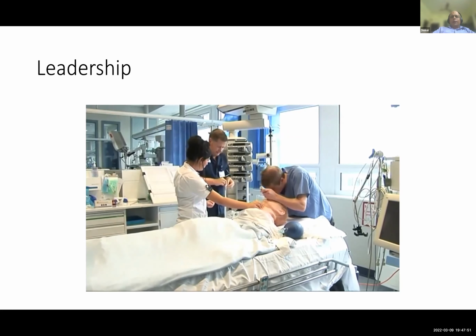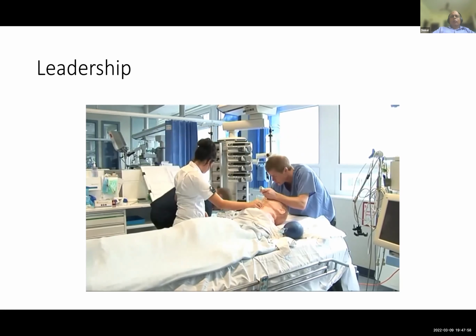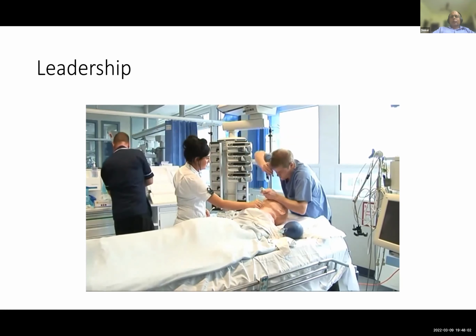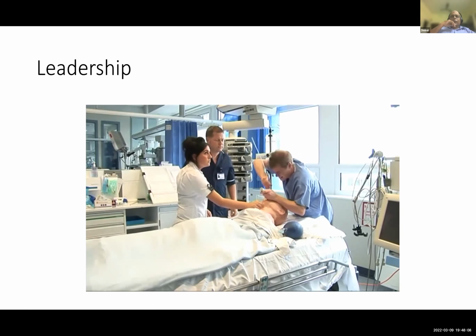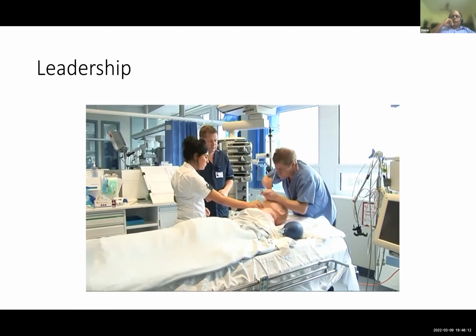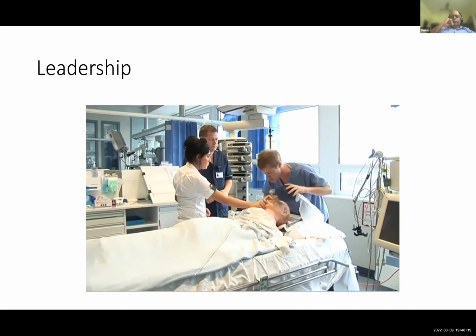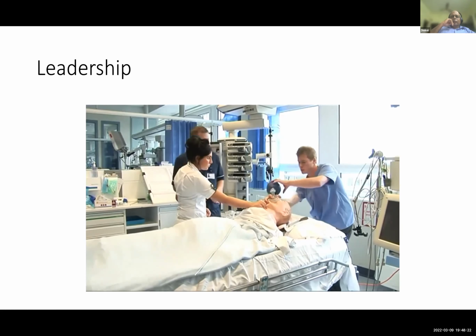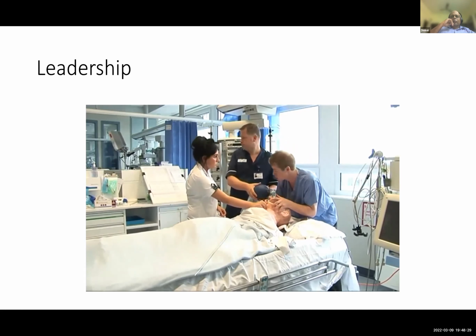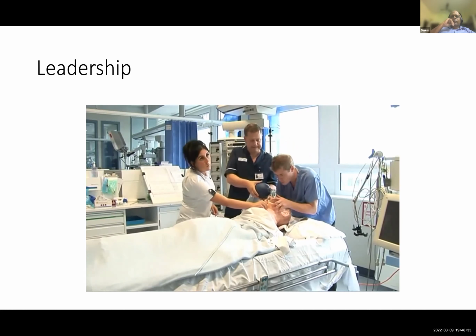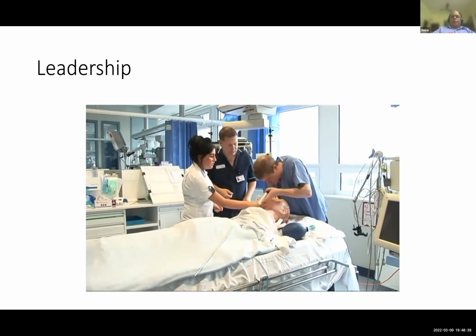The bougie is being opened only now. Patient is going into bradycardia.